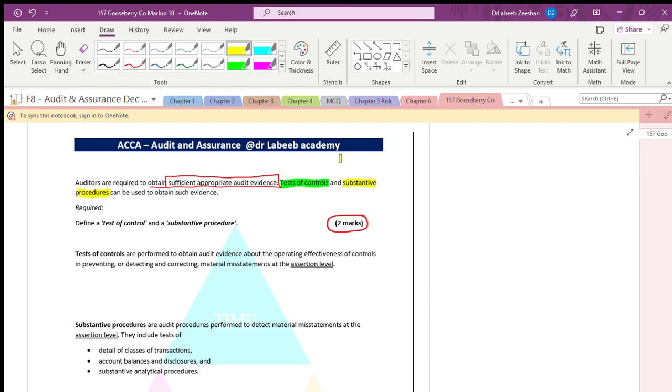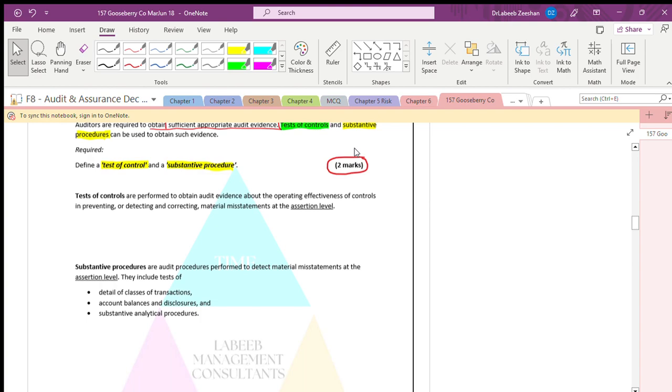The question asks them to define a test of control and substantive procedure. I have taken this from the books only. I have not added anything from my side. I have taken it from the source, and I am just reflecting it. That's all. Very simple.